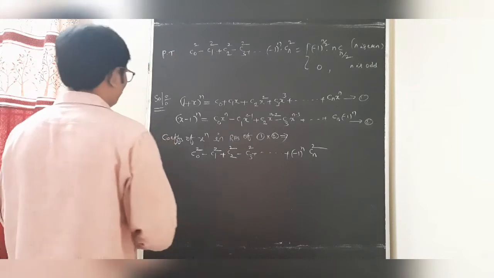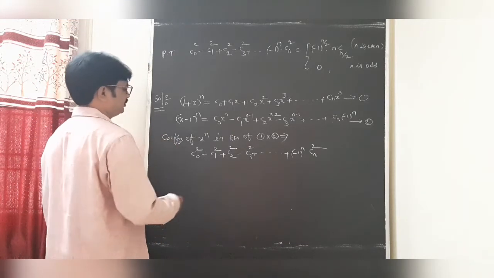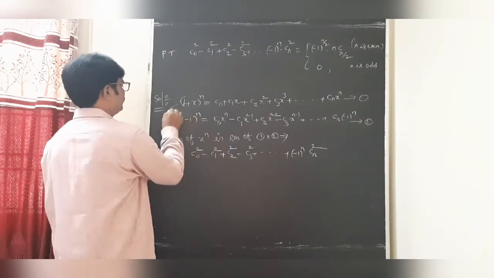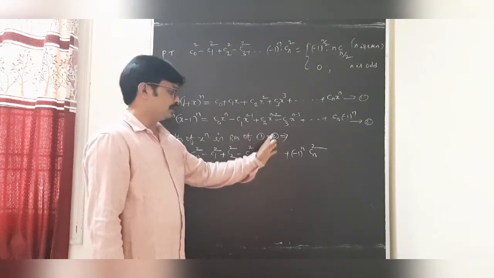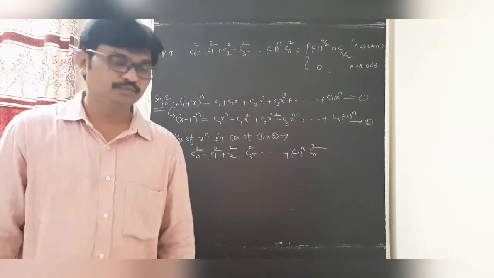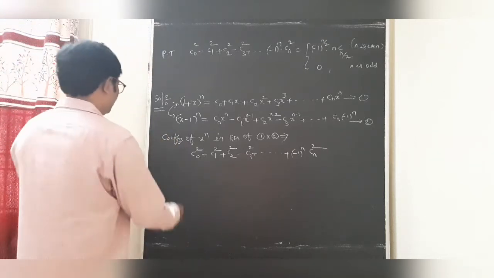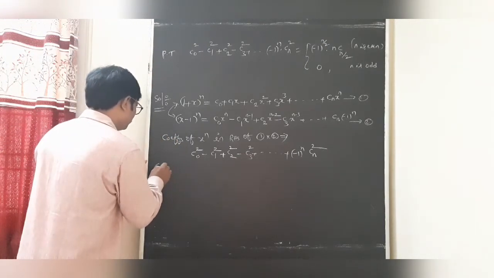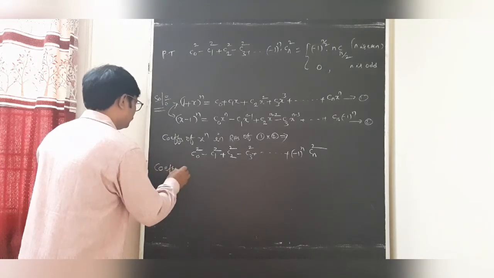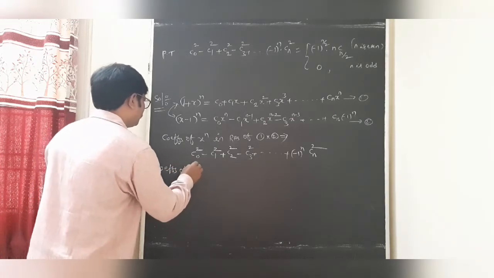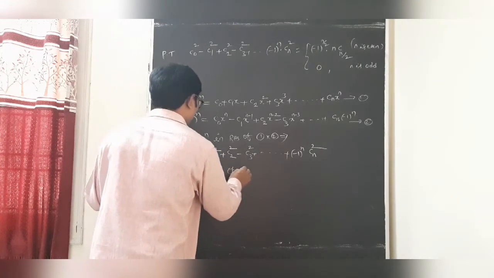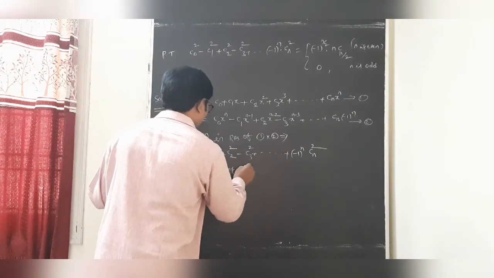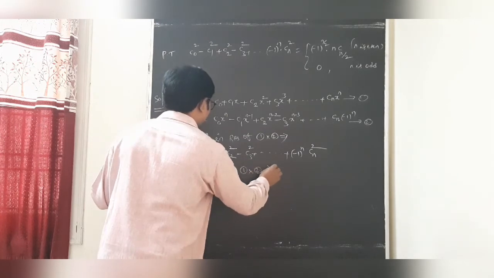Now students, we have to find the coefficient of x power n in the left hand side of 1 into 2. Okay students, so dear students, the coefficient of x power n in the left hand side of the 1 into 2.